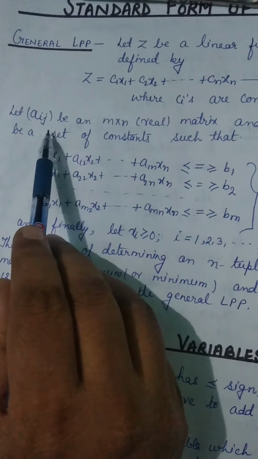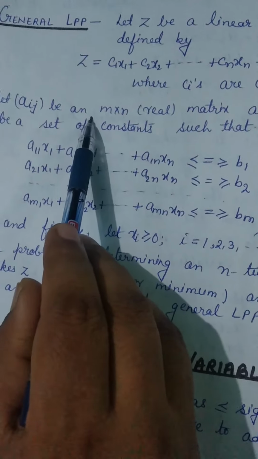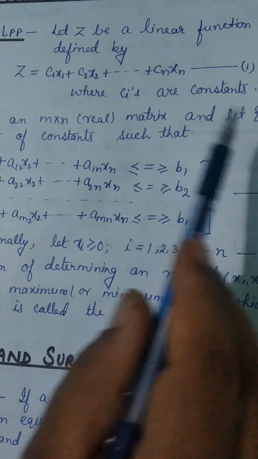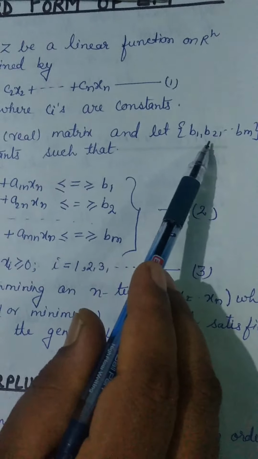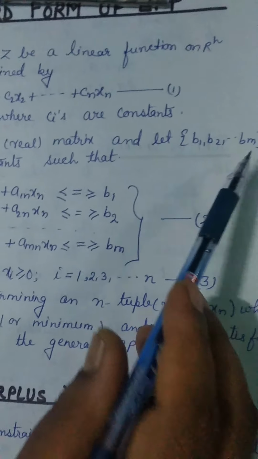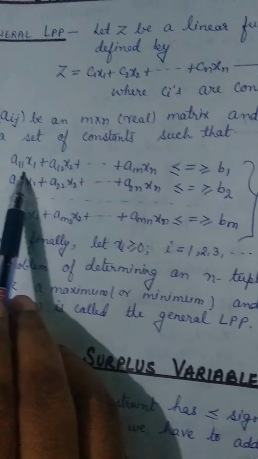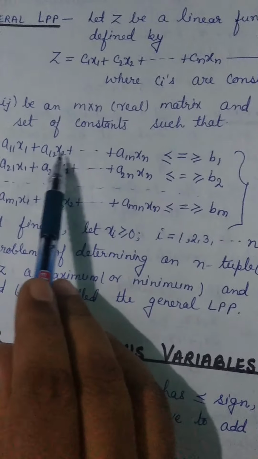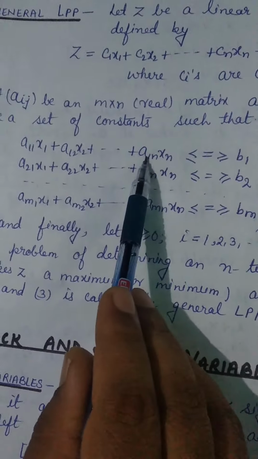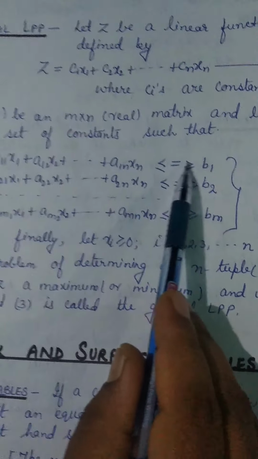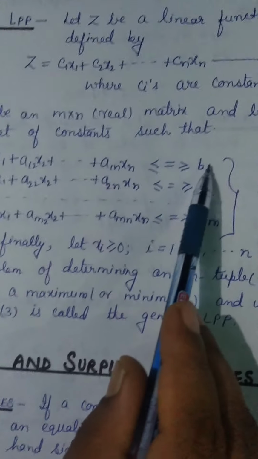Let aij be an m cross n matrix, and let b1, b2 till bm be a set of constants such that a11x1 + a12x2 + ... + a1nxn less than or equal to, or greater than or equal to b1.